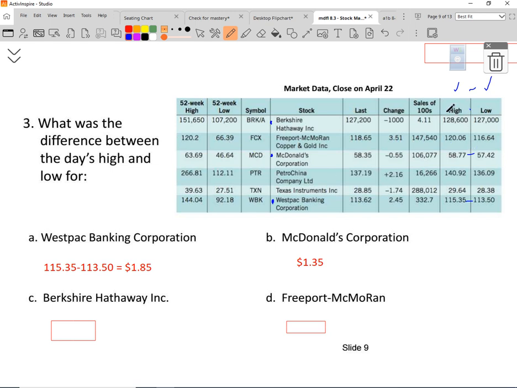For the day, the high price was $128,600. I have to sell my house to buy any shares of stock in this company. So we're just subtracting 128,600 and 127,000, for a difference of $1,600.